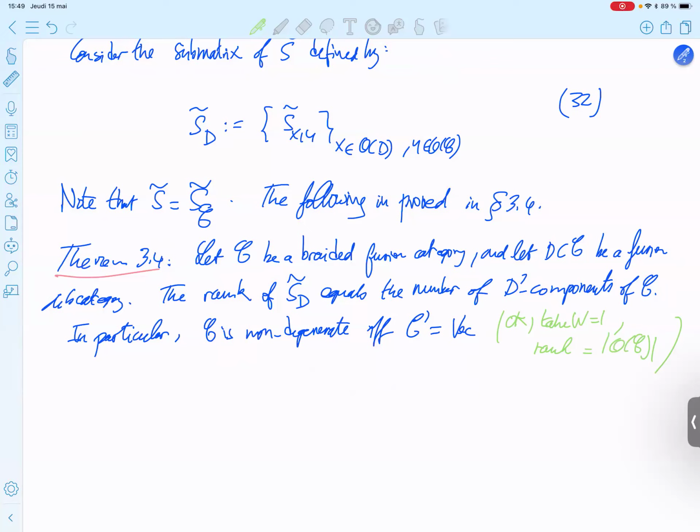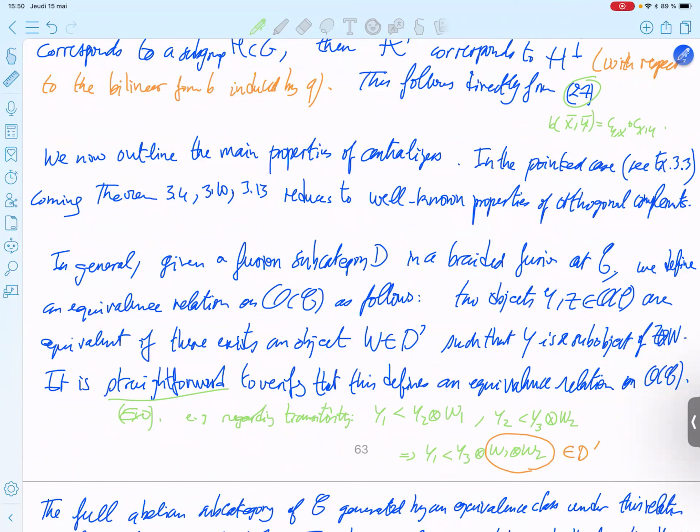So in general, we define the equivalence relation. Two objects are equivalent if there exists an object W such that Y is a subobject of the tensor product with W.